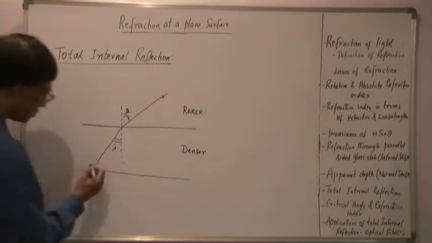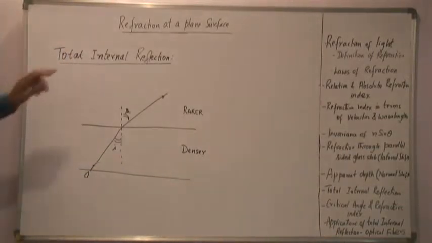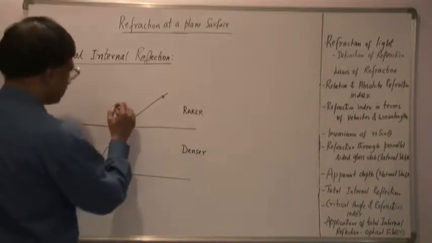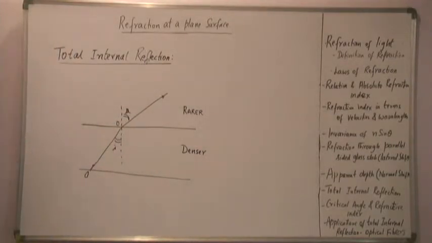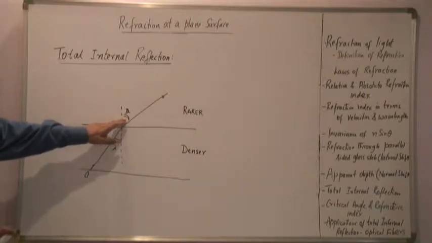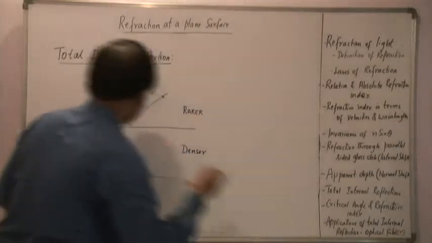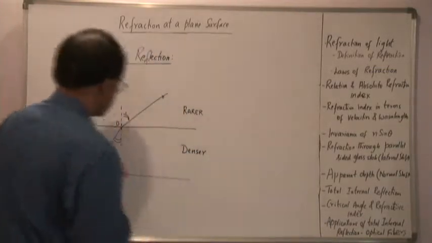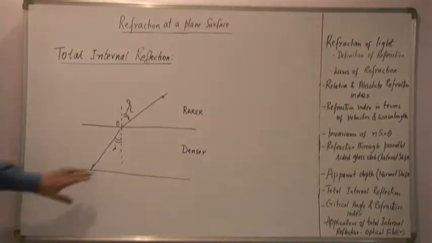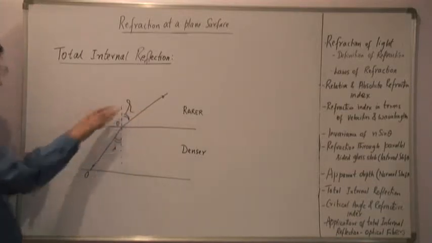Now let us consider a source here, O. So when the light travels from this end to the surface at the other end, at O, the angle of incidence is I and the angle of refraction is going to be R. Now we also know that when light travels from a denser medium to a rarer medium, the light bends away from the normal.